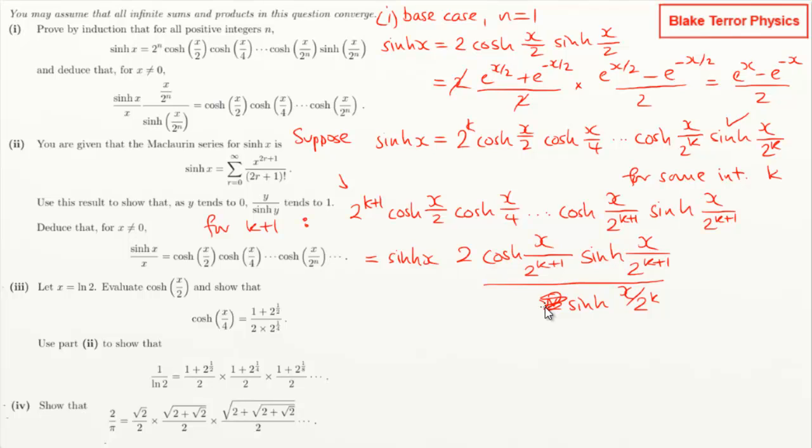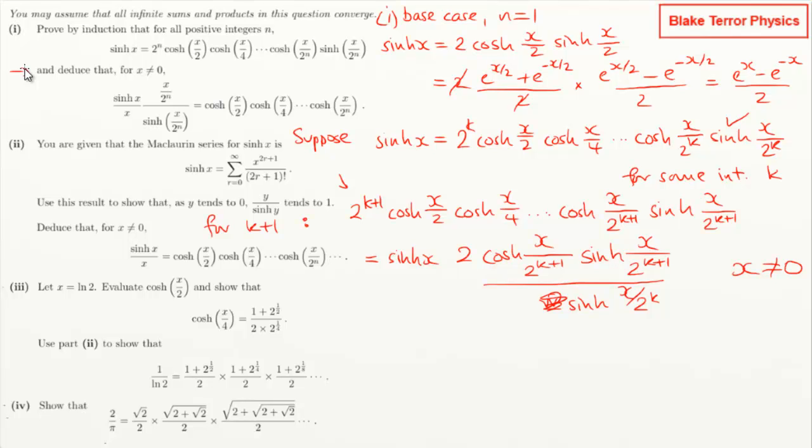So we need that sine to not be equal to 0, so we can't have x equal to 0 on this. We need x not equal to 0, which is not something they've told us here. They've told us that for the next part of this question, but we can't have it here, otherwise things mess up.